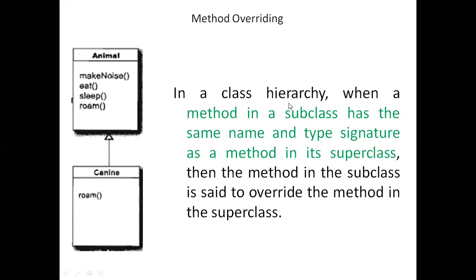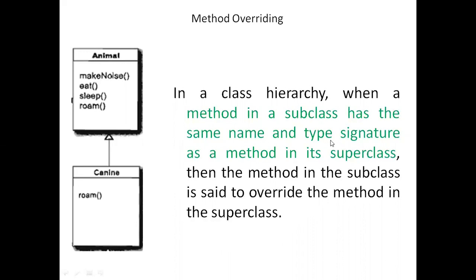So in a class hierarchy, when a method in the subclass has the same name and type signature as a method in the superclass, then the method in the subclass is said to override the method in the superclass. If you ask how to override, the answer is straightforward. Just write the method in the subclass with the same name and type signature as the method in its superclass.